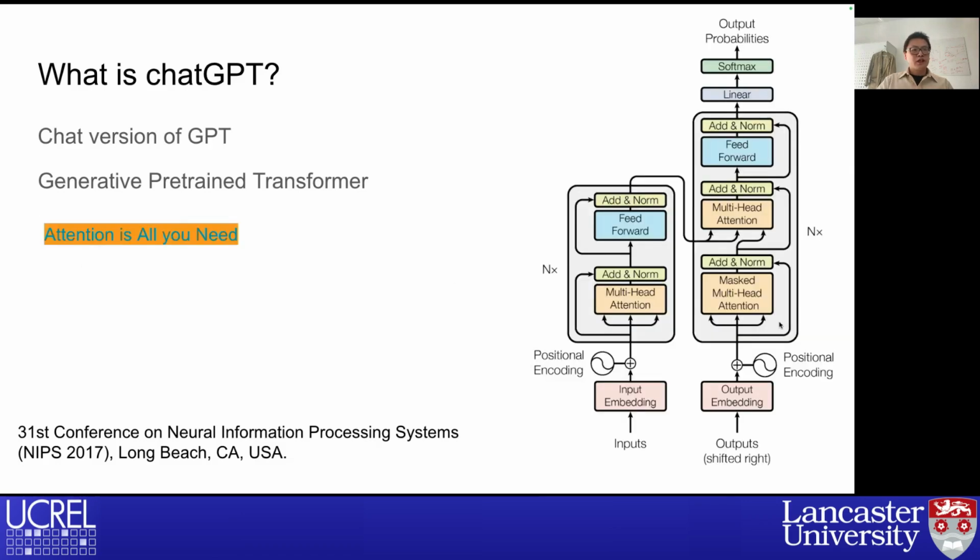Here the input is the source and the output is the target language. The building blocks in the encoder and decoder are exactly the same: multi-head attention and feed-forward networks. The only difference in the decoder part is the masked multi-head attention, because of the generation purpose.